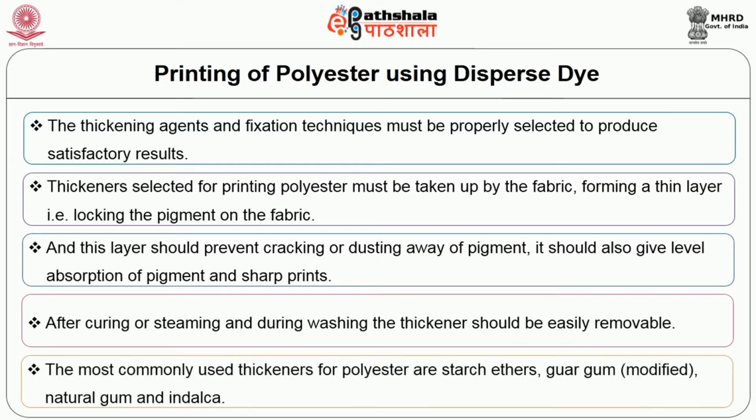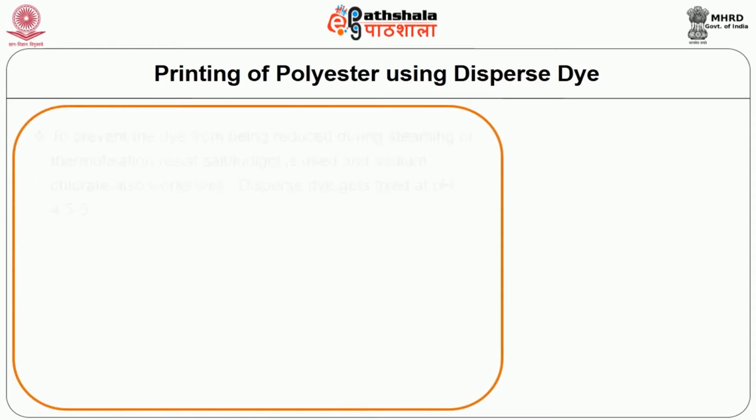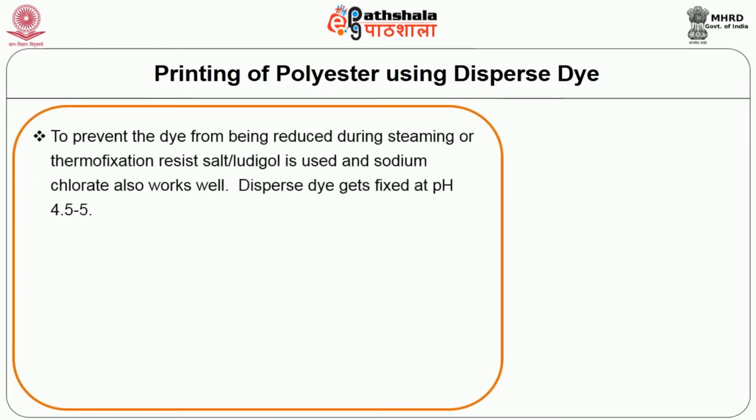The most commonly used thickeners for polyester are starch ethers, guar gum, natural gum and Indalca. To prevent the dye from being reduced during steaming or thermofixation, resist salt or Ludigol is used and sodium chlorate also works well. Disperse dye gets fixed at pH 4.5 to 5.